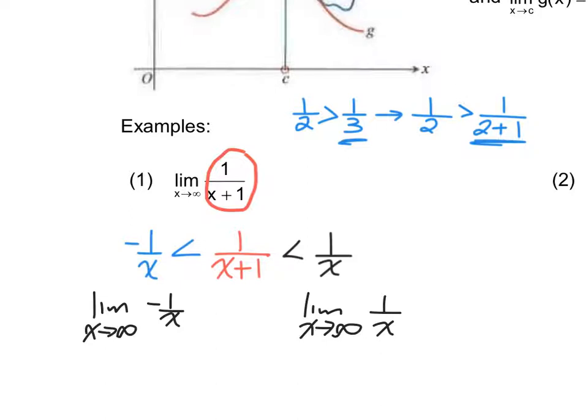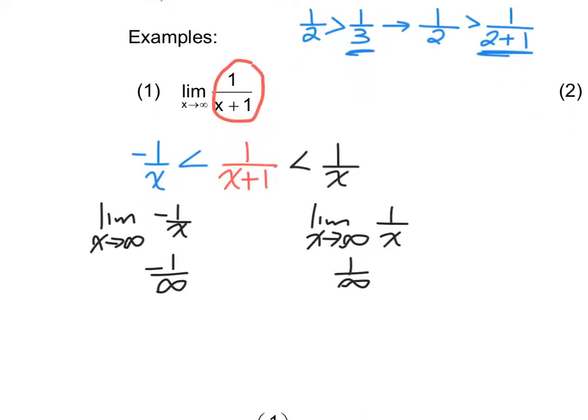The idea behind that is I'm imagining that I don't have any way of figuring out what the limit of 1 over x plus 1 is. So I'm not even looking at that now. If I look at the outer bounds, those should be things I should be able to figure out. So left bound would be negative 1 over infinity. Right bound, positive 1 over infinity. In each case is equal to what? 0. All right, so now I'm going to associate a limit here.